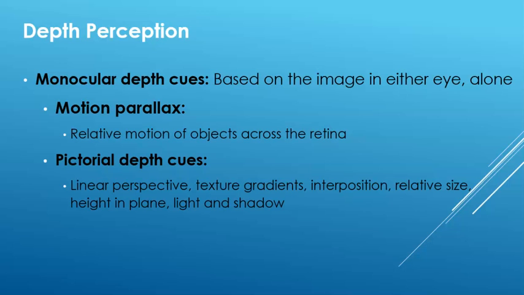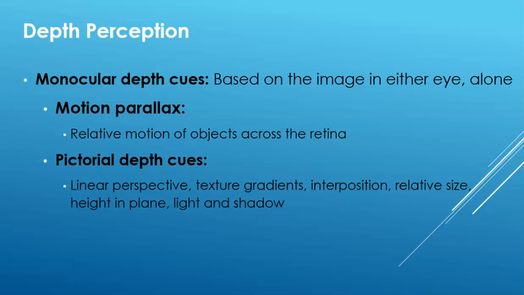So again, this is one eye. We can do this using motion parallax, which is the relative motion of the object across the retina, so how it's moving, as well as pictorial depth cues. So this is looking at the linear perspective, texture gradients, interposition, relative size, height in the plane, line, and shadow.